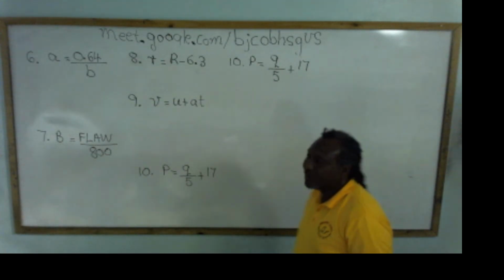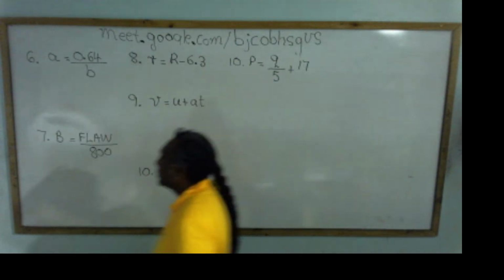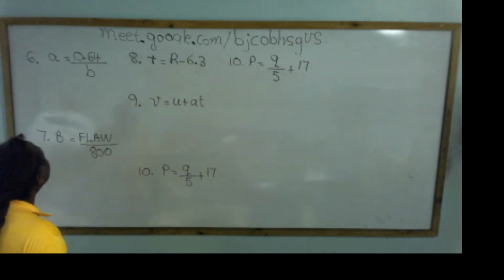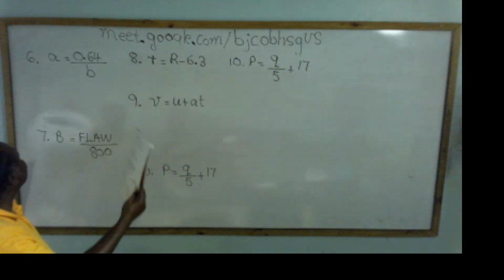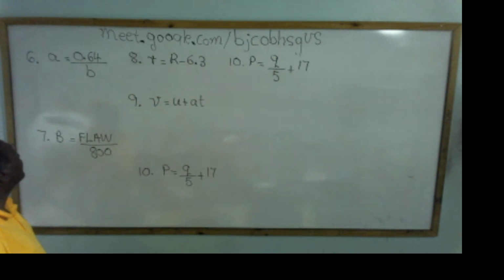Fine. What do we say now? Be not afraid of solving a problem by analogy. I think that number 6, A is equal to 0.64 over B, is analogous to number 4.